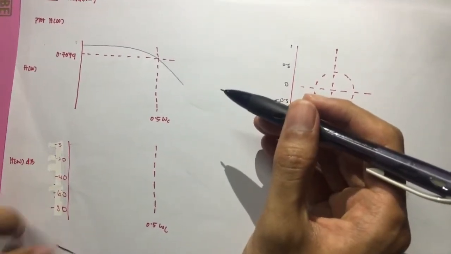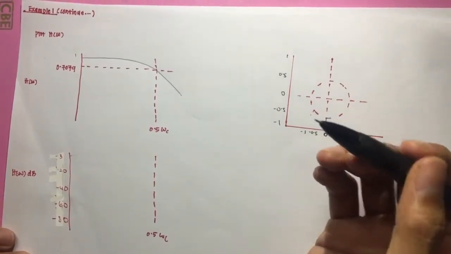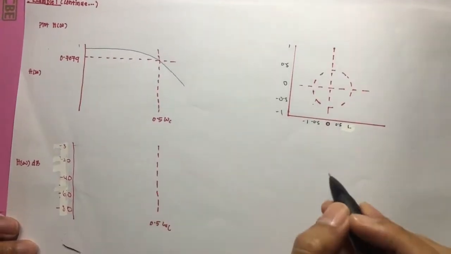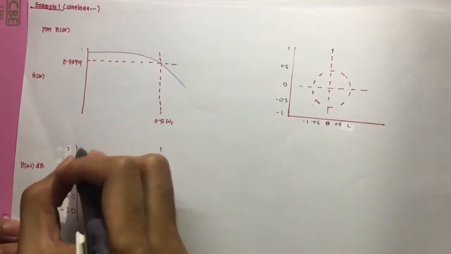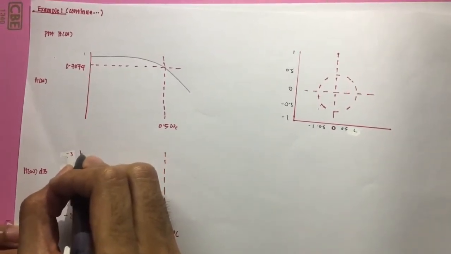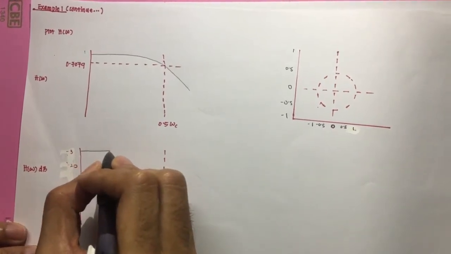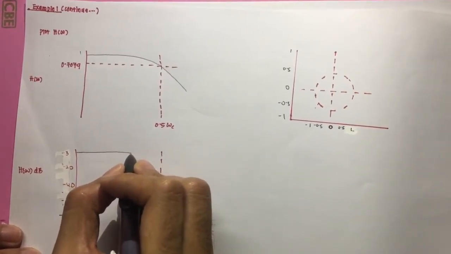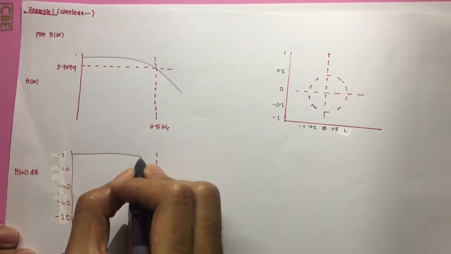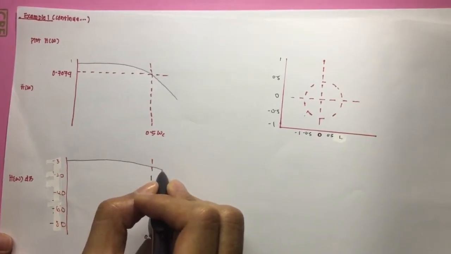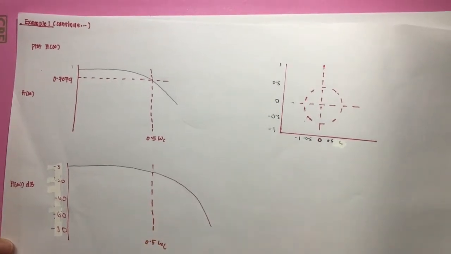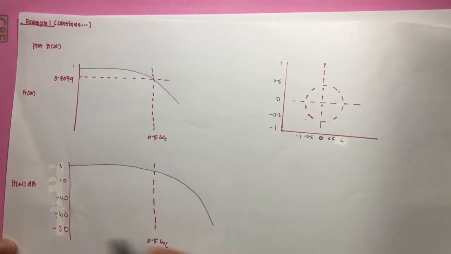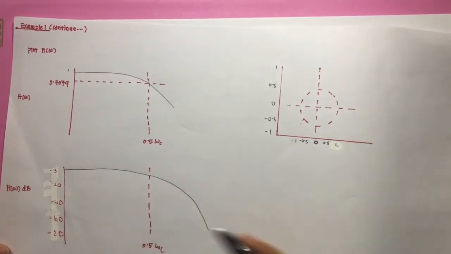As for the H omega in dB, we will start the plotting of the graph from the -3 dB. Okay, it's right here. And then just like the graph above, at 0.5 omega C, it will intercept and go down. So as you can see, the graph is like a low pass filter graph right here.